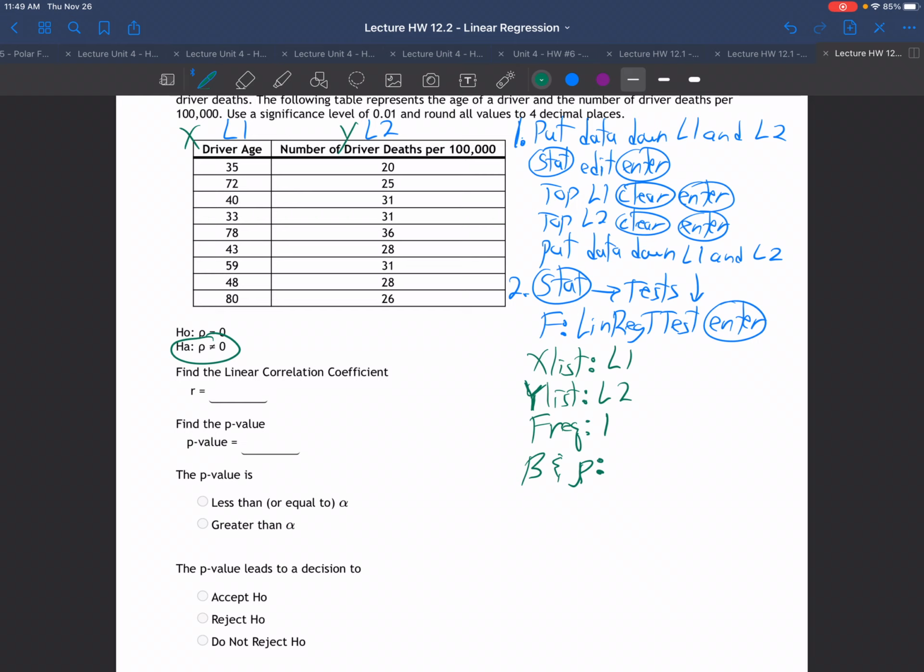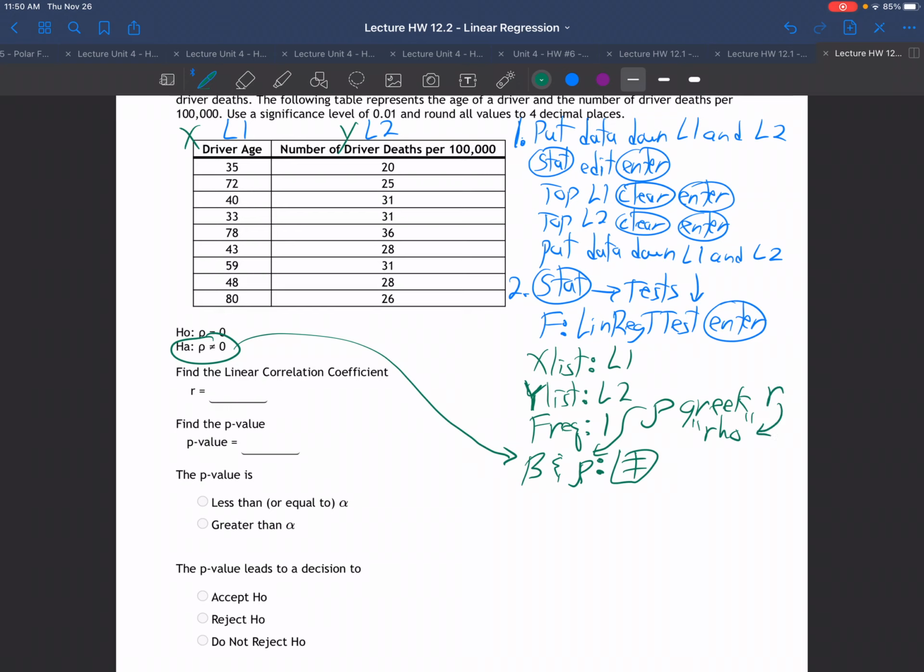In this case, not equal. Now you might have greater than or less than or whatever; you just put whatever we have. This funny looking P right here is a Greek rho, a Greek R, pronounced rho.